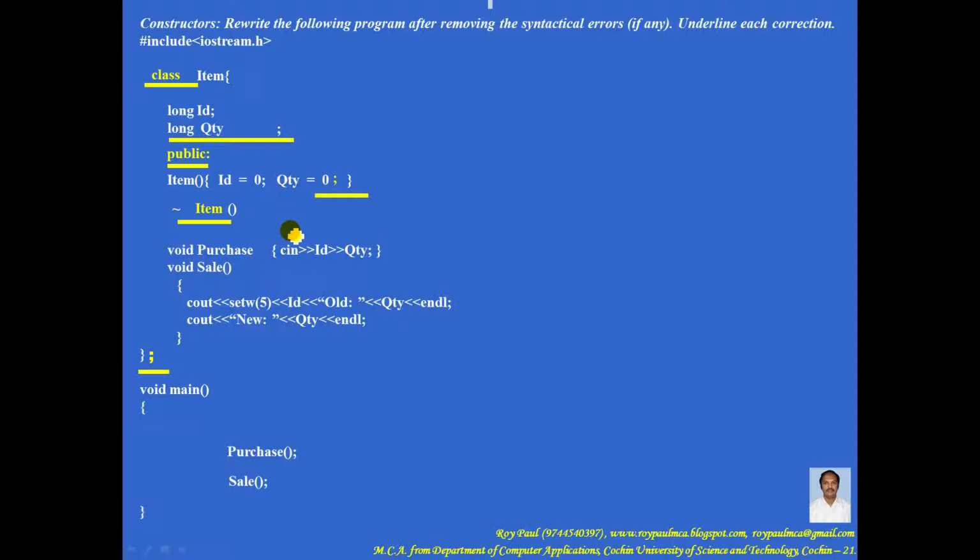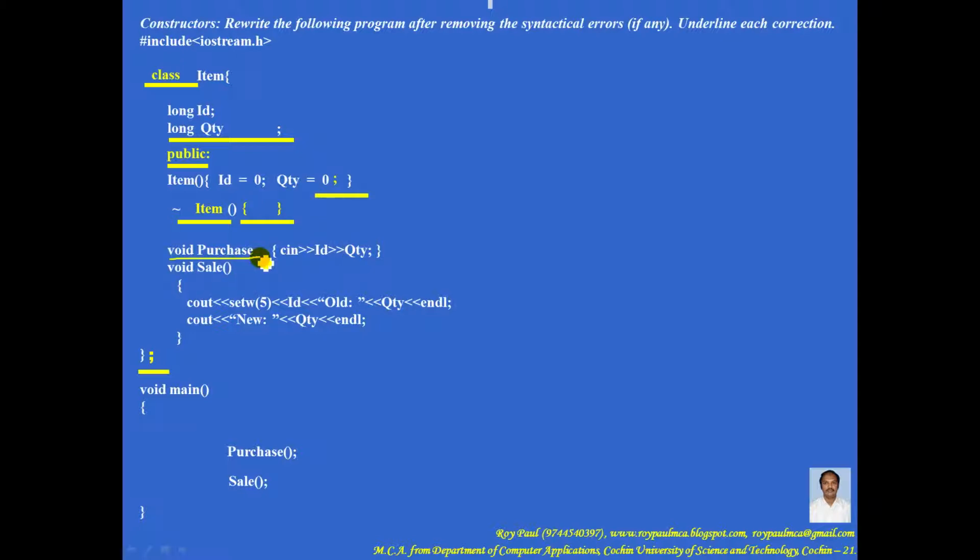So please make a note of this. Associated with a function, even if no statements are there, still you need the opening curly bracket and the closing curly bracket. So the curly brackets are inserted and underline the area where you made the correction.